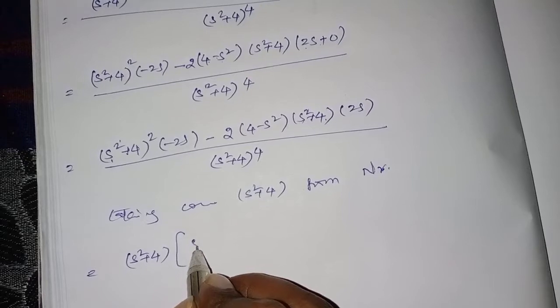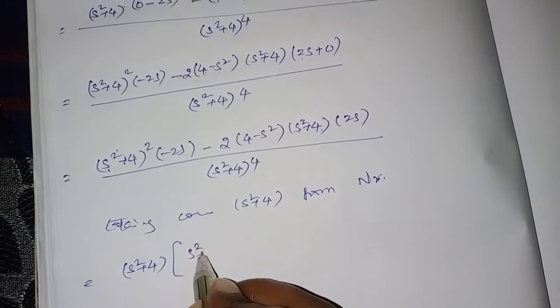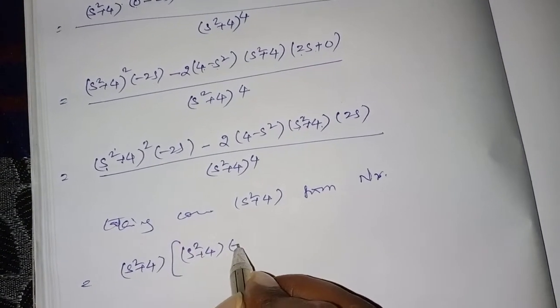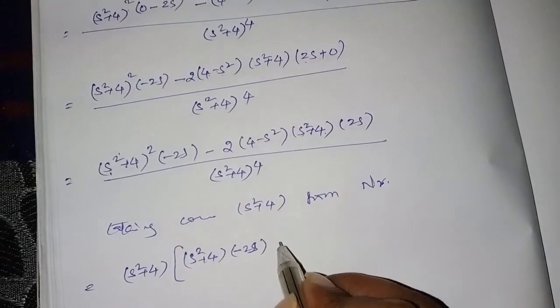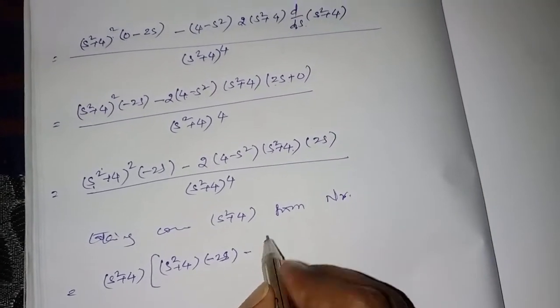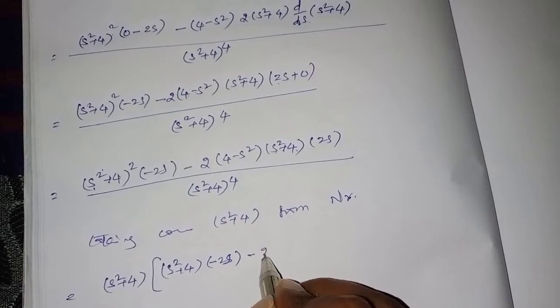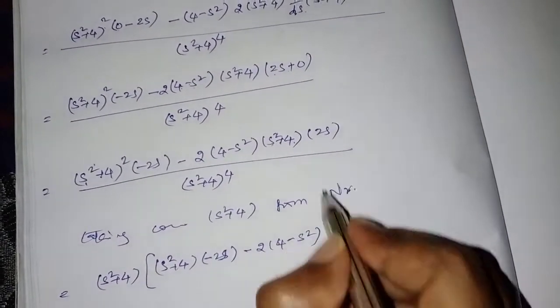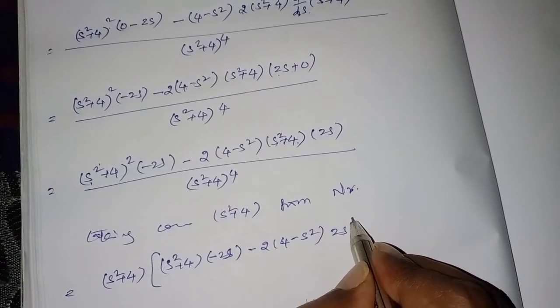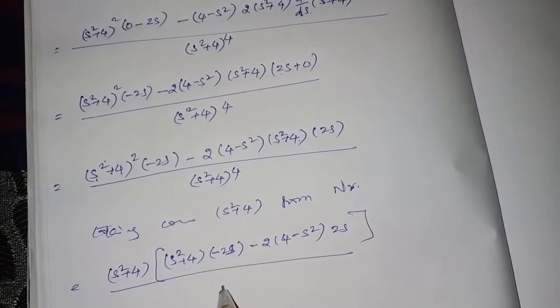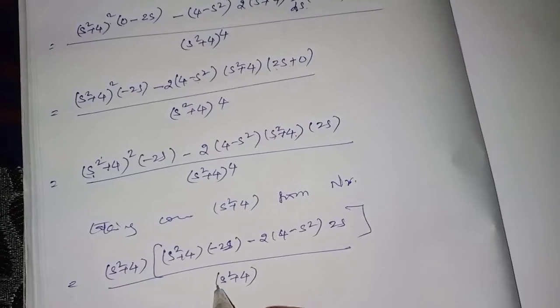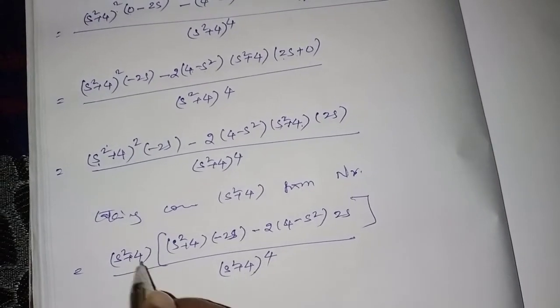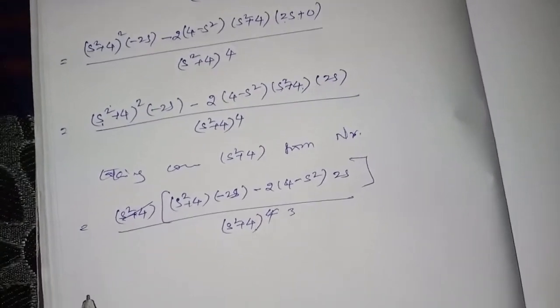The remaining is, here we have a power value, so (s square plus 4) into negative 2s and negative 2 into (4 minus s square), this is common, remaining is 2s, whole upon (s square plus 4) whole power 4. See, both are the same, so this is 3.